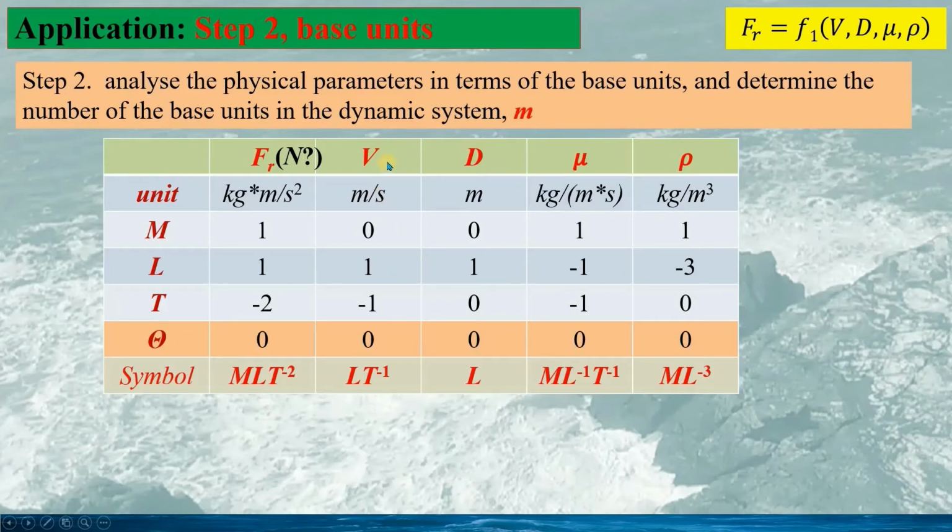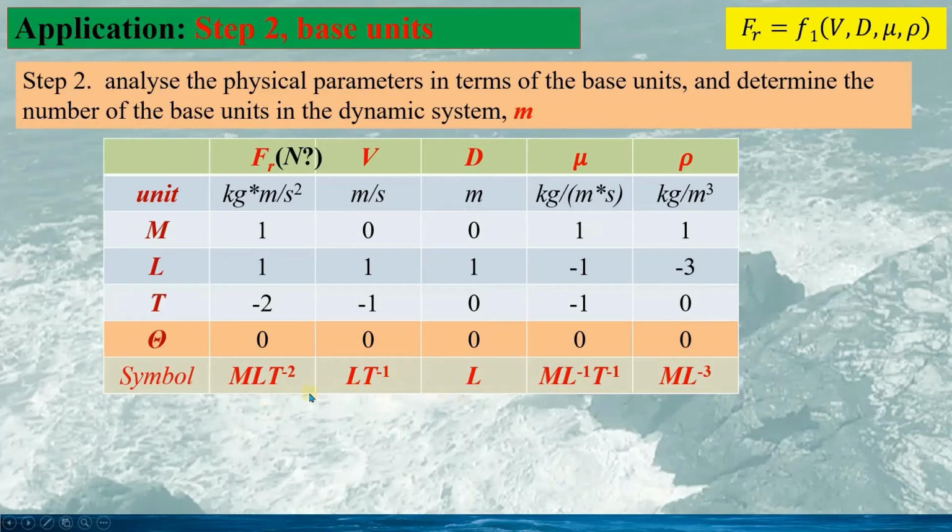And similarly for the velocity, we have this, and the diameter of the pipe, the fluid viscosity, and the fluid density. Also, we can see the corresponding symbols for these physical parameters would be given as M L T to the power of minus 2, L T to the power of minus 1, L, and so on.